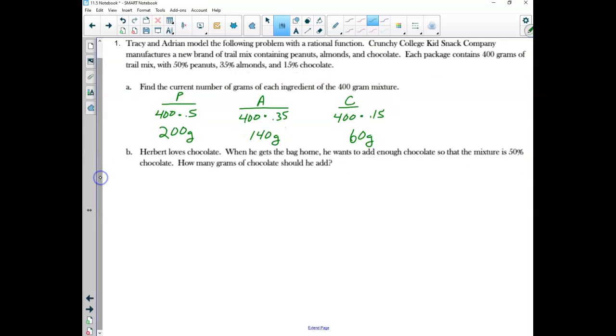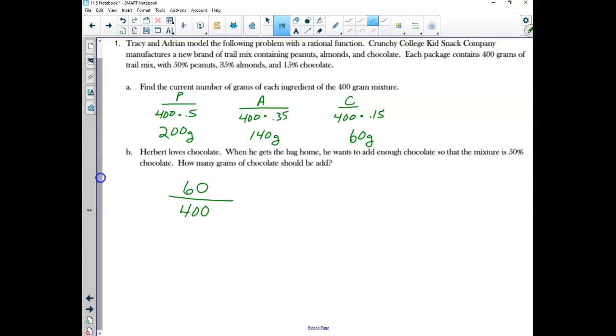Well, let's think about this. If he currently has 60 grams of chocolate in the 400 grams of trail mix, if you take 60 divided by 400, guess what you get? You get his current 15% chocolate mixture. But what this guy wants, he's just dumping in chocolate, all right?